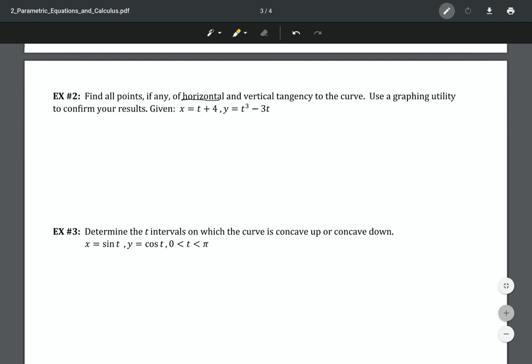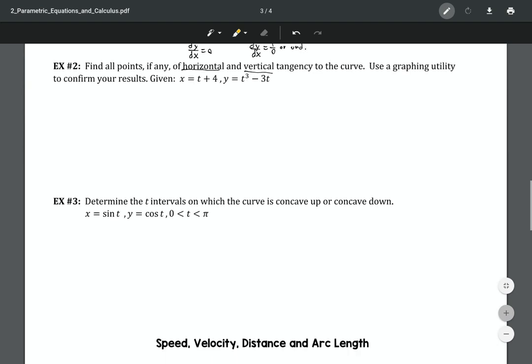So I'm going to call this when dy/dx is equal to 0, or if it's a vertical tangent, then that's when dy/dx is equal to what I call 1 over 0, or undefined. So it could be either one.